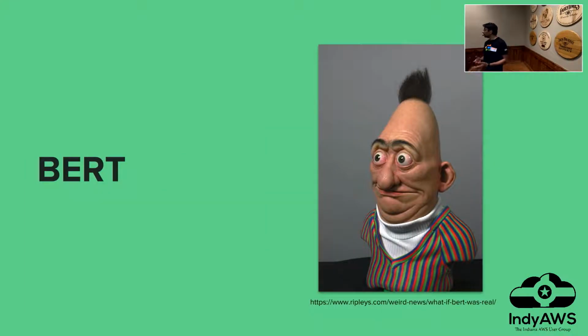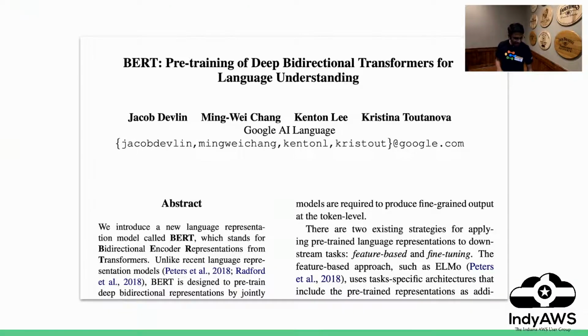And then I picked BERT. It's another funny thing: when I was doing these slides, my son came up, and after looking at this, he's pretty much convinced that my work is on Sesame Street somewhere, because as you'll see, BERT actually stands for Bidirectional Encoder Representations from Transformers.